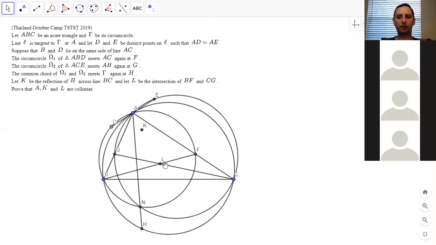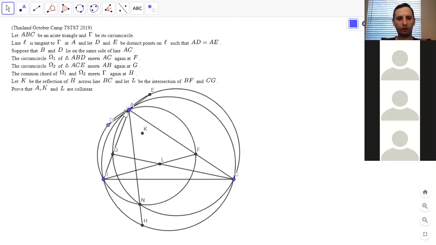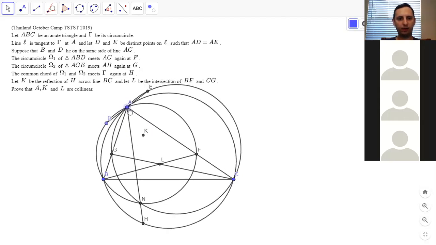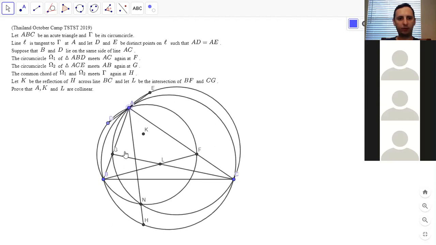It goes to the median. It is only true if you have GF parallel to BC. Okay, so basically we can prove that GF is parallel to BC, so that shows that AL is a median, and then if AH is a symmedian, then AK is also a median.